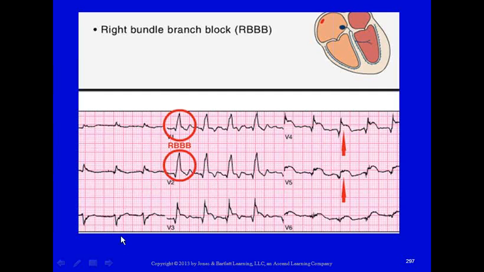Sometimes the notch is so big it looks like rabbit ears. But look for a wide notched QRS. That tells you that you have a bundle branch block. Then the next thing you want to do is go to V1, and from the J point, if my QRS complex is primarily up above the isoelectric line, which it is, then I have a right bundle.